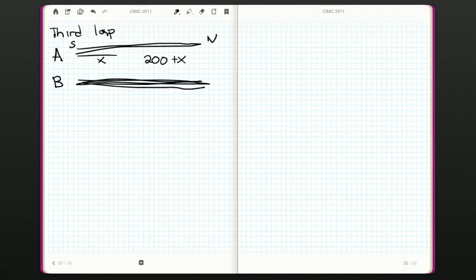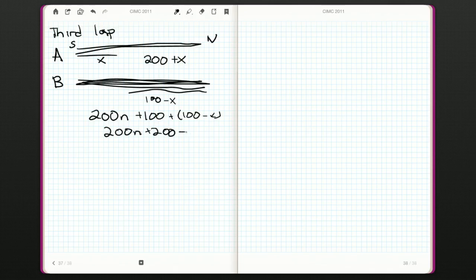She's done a multiple of 200, then she's come to N, which is 100. Now she's coming back 100 minus X. So Betty has swum 200N plus 100 plus 100 minus X, which we will simplify to 200N plus 200 minus X.